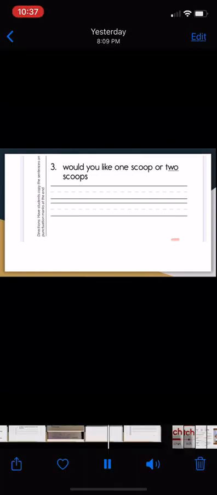Number 3, would you like 1 scoop or 2 scoops? What is wrong with this sentence? You're right. The w is lowercase and is supposed to be capital because it's the beginning of our sentence. What else is wrong with this sentence?